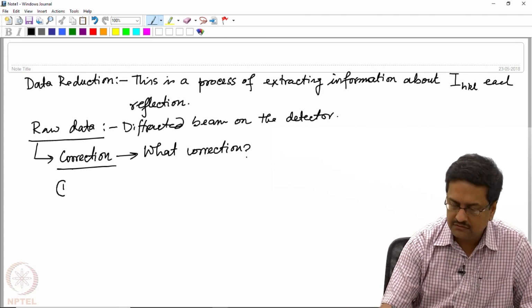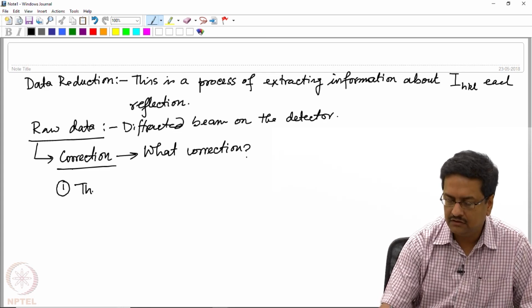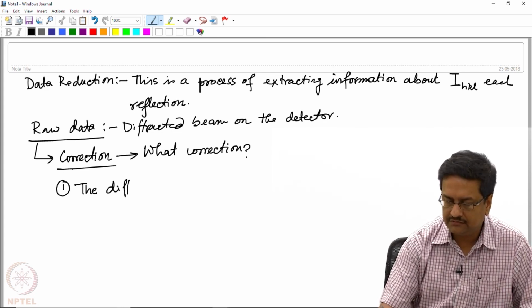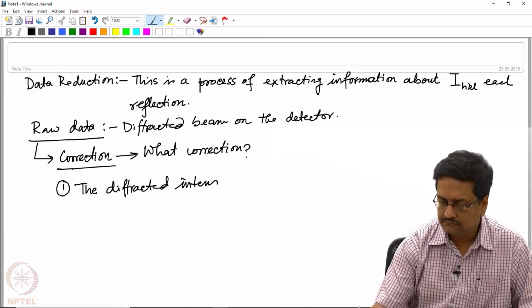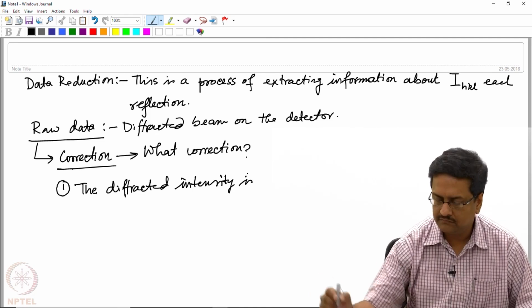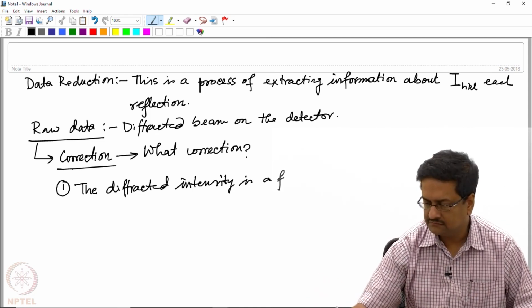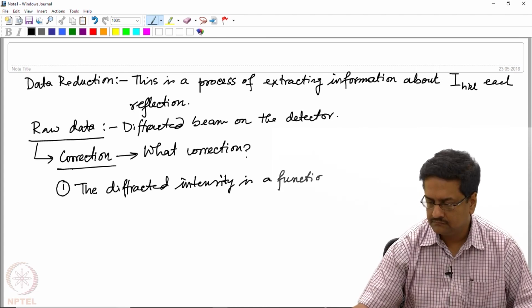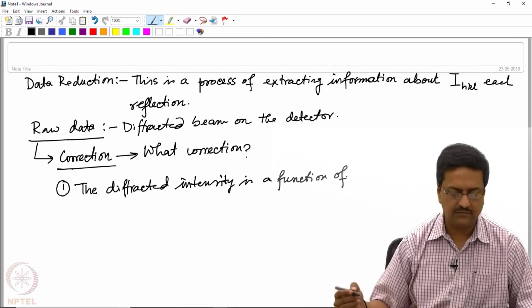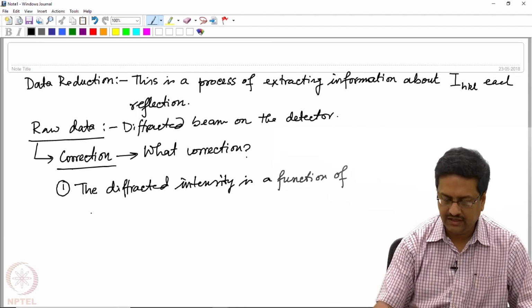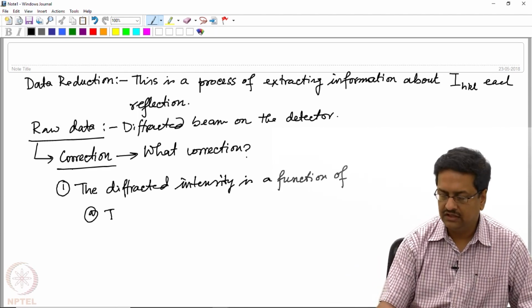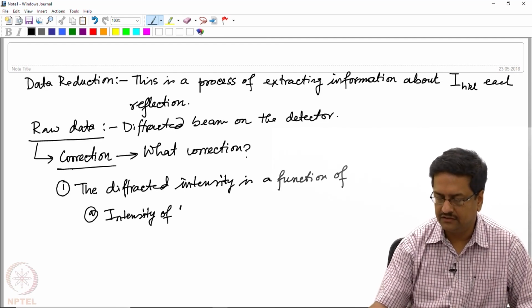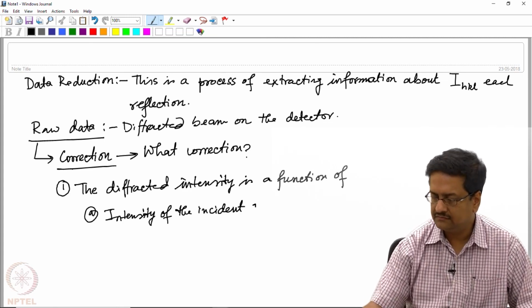Number one, the diffracted intensity is a function of a number of things. A, the intensity of the incident radiation.